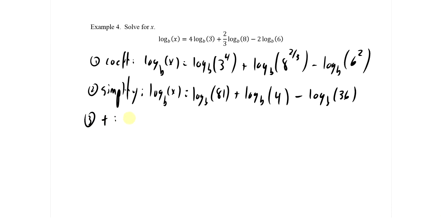So we'll start with the addition. Log base b of x, there's my left-hand side. Two logarithms added together, I can make them one logarithm by multiplying the two things inside.